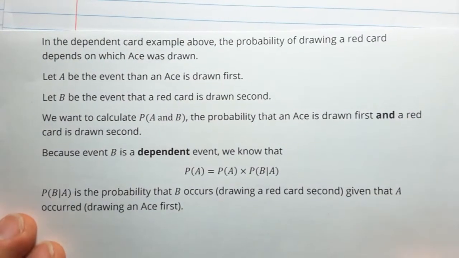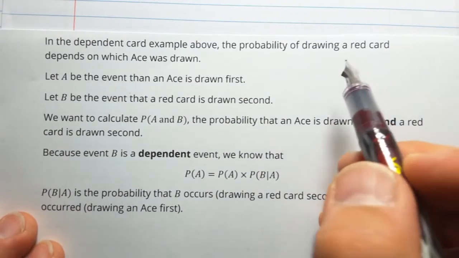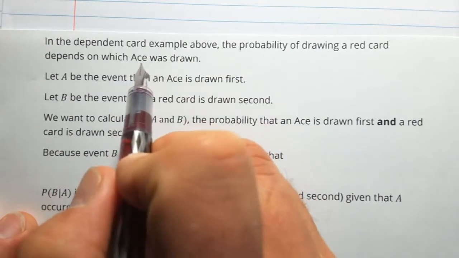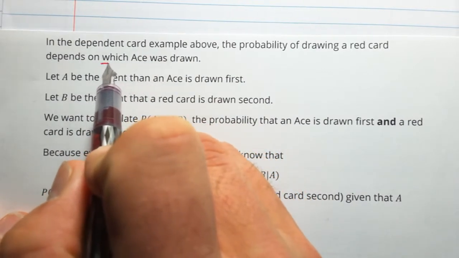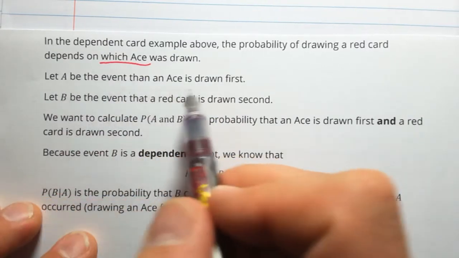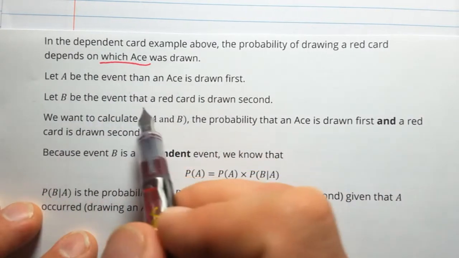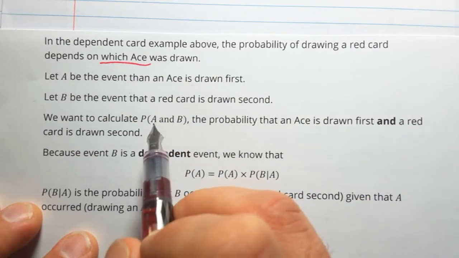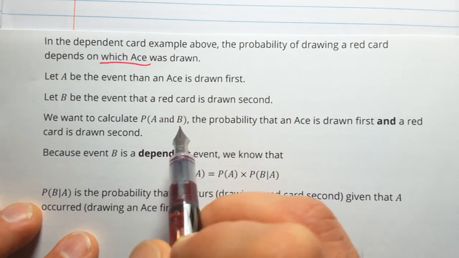So let's start talking about that card example again. We were drawing a red card after we drew an ace, and it would depend on which ace was drawn. So not whether we drew an ace, but which one. So let's call A the event that an ace is drawn first, and B the event that a red card is drawn second. So we want to calculate ace, then red card.